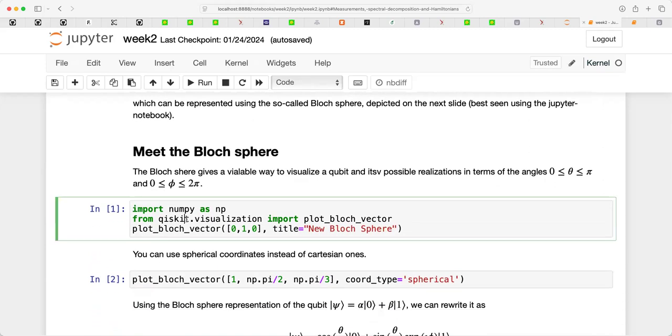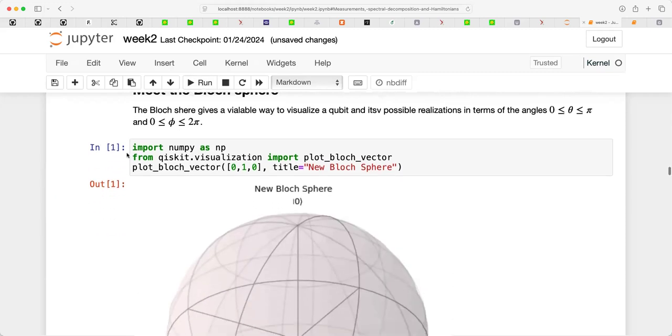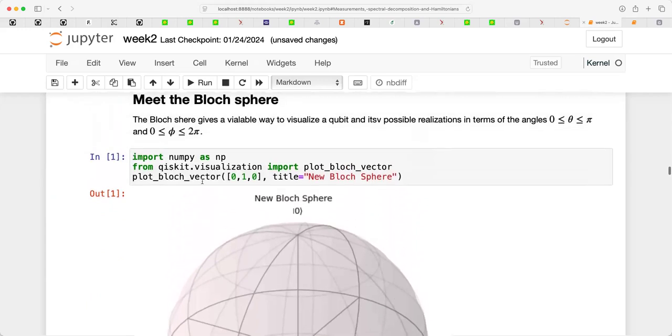I'm introducing to you Qiskit, which has a visualization of the Bloch sphere. If I do that, I will get something which looks like this. In this specific case, you can see that I've chosen a specific direction in Cartesian coordinates.